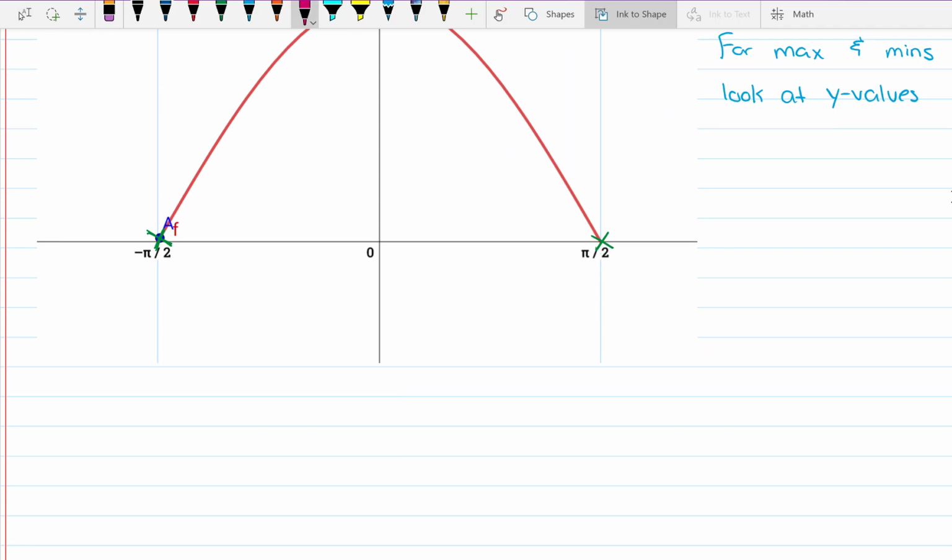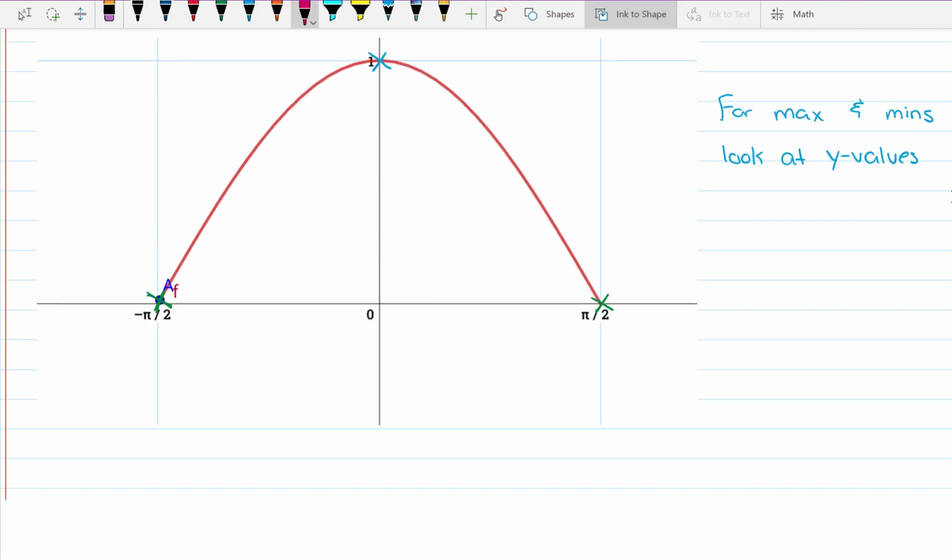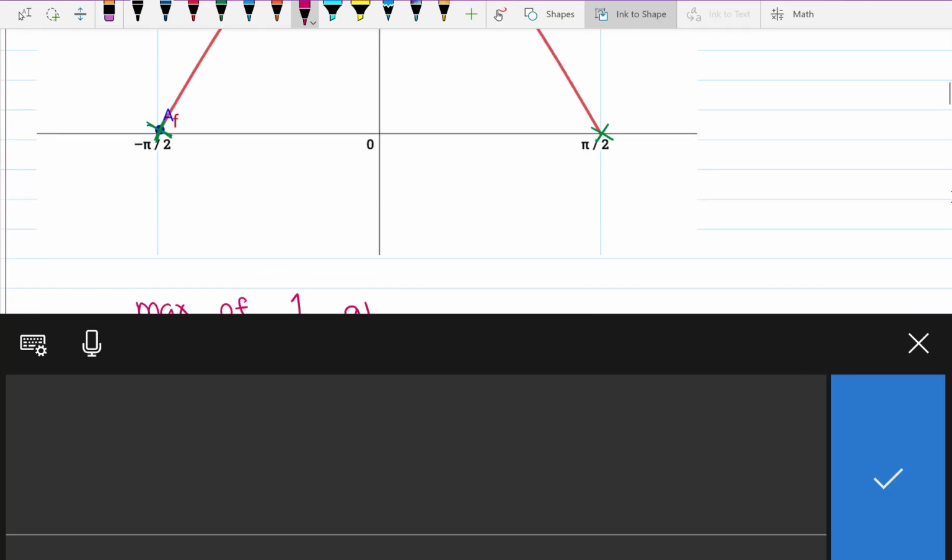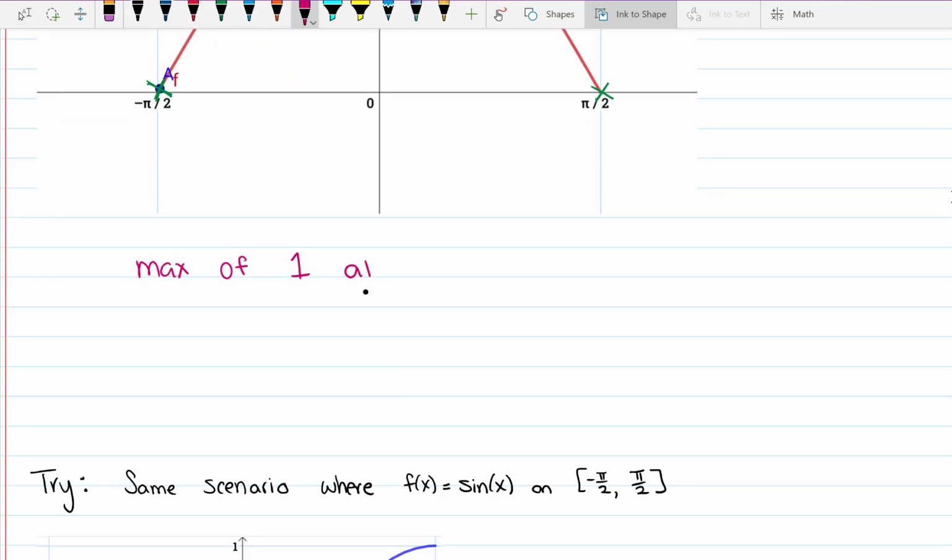So for our graph, we have a max of 1 at x equals 0. And we have a min of 0 at x equals negative pi over 2 and x equals pi over 2. So we have a minimum at 2 points, which is perfectly fine.